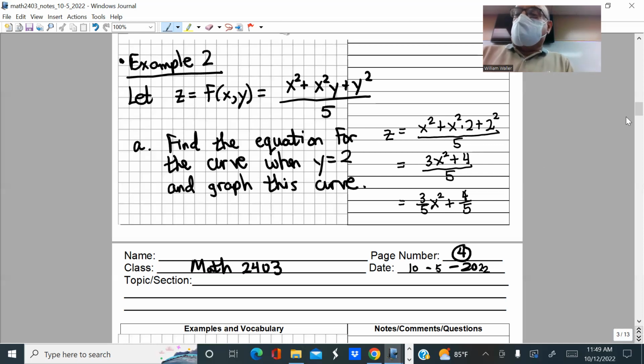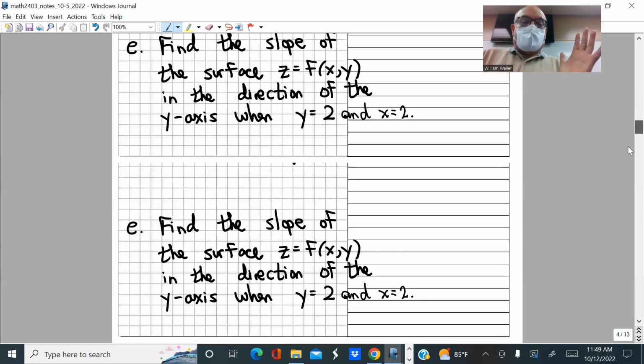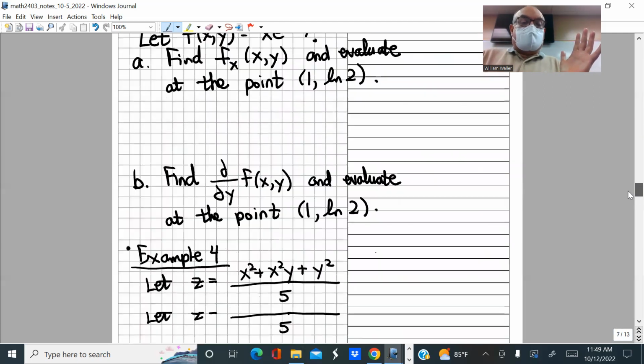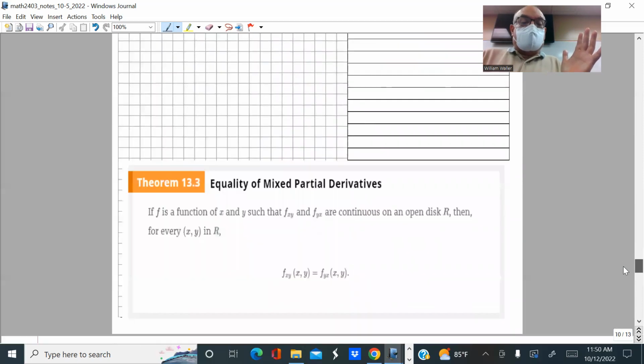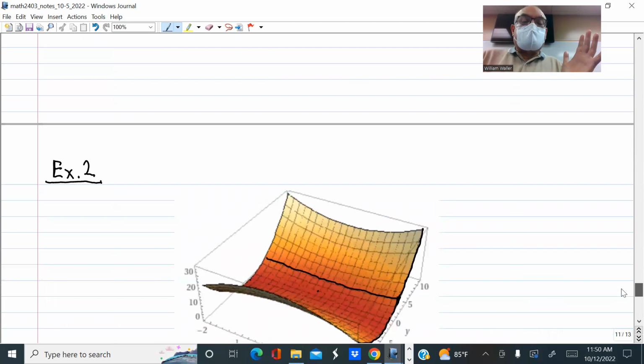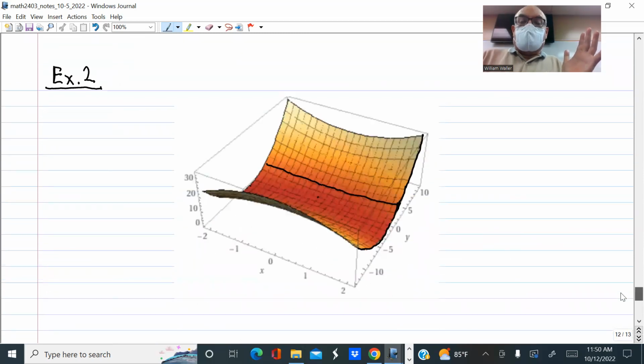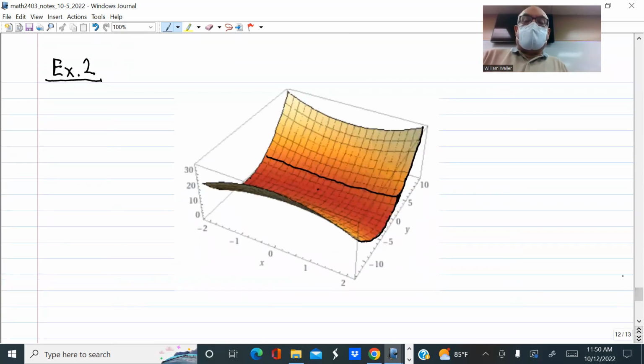Let's see if we can see a picture of that. I think I graphed this surface way down here somewhere. Oh, here it is.